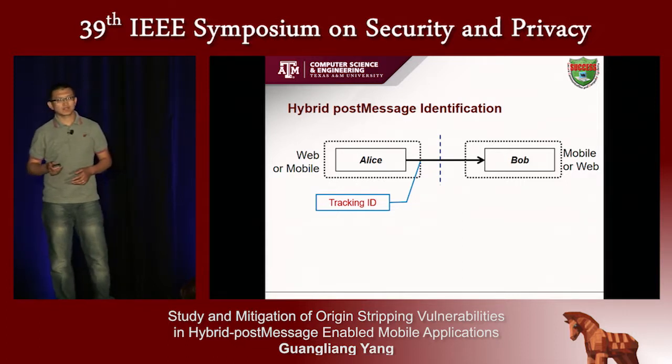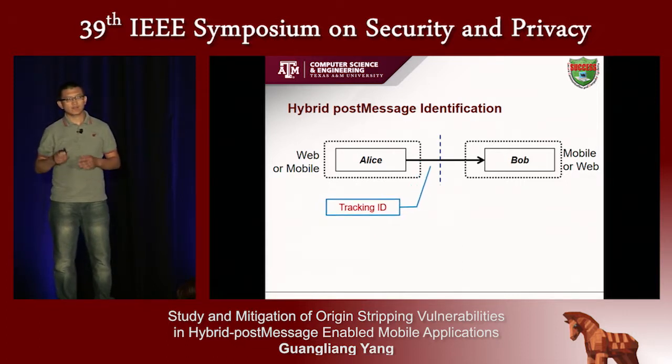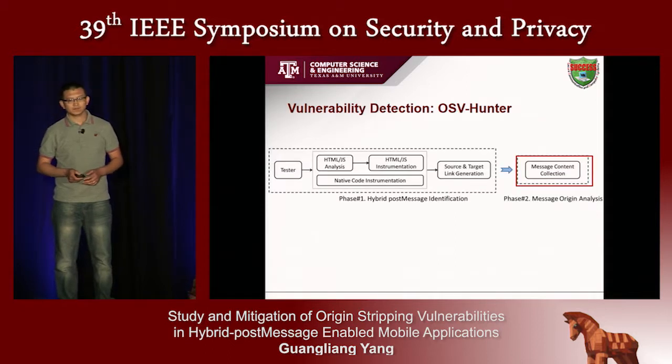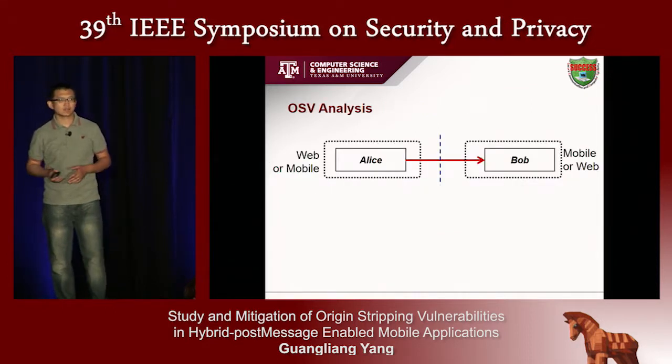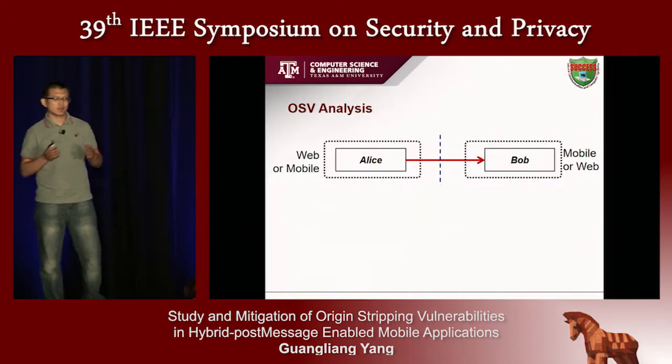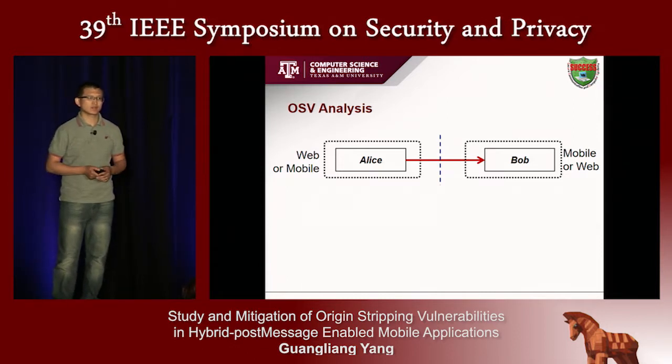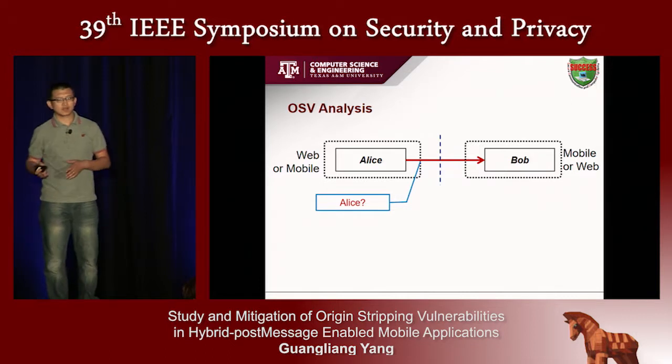If the tracking ID is finally found in the other platform, the corresponding functions may be message senders and message receivers. In the second step, OSV Hunter will collect all messages between message senders and message receivers and check their origins. If the origin information is not included or carried, there may be a vulnerability.